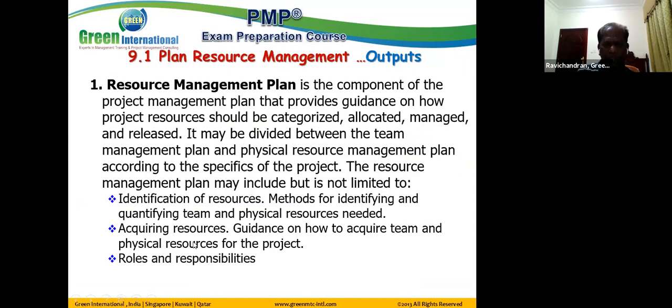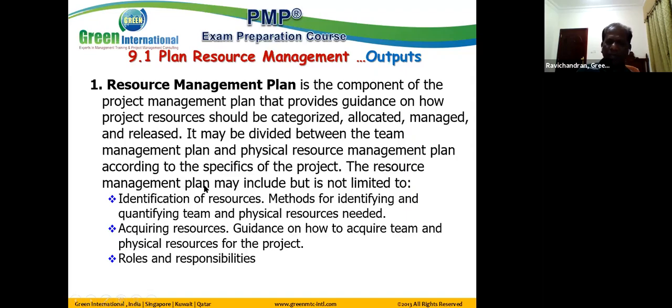So in the resource management plan, we are providing guidance on how the project resources should be categorized, allocated, managed, and released. Until they are released out from the project, we need to think how we are going to manage. It may be divided between the team management plan and physical resource. We can divide them into two sections.